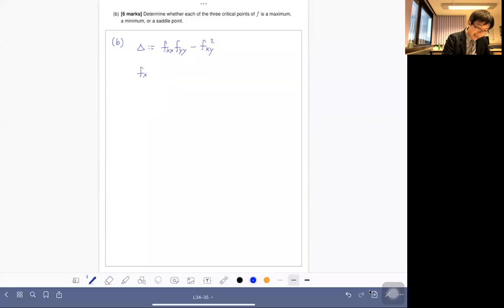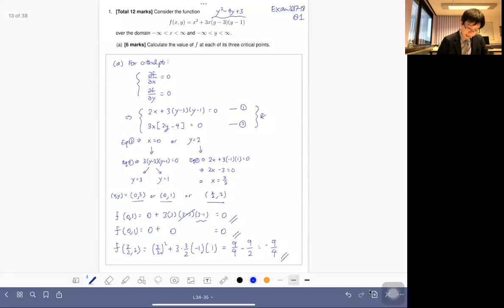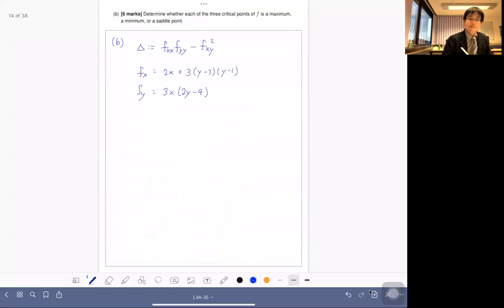Fx was, if I look at what I had earlier, 2x plus 3y minus 3. And fy was 3x plus 2y minus 4. Yes.